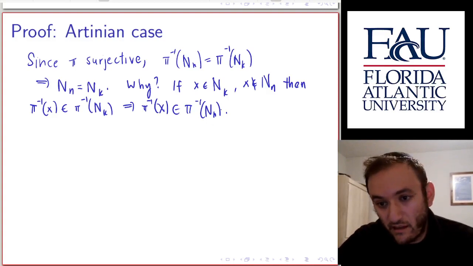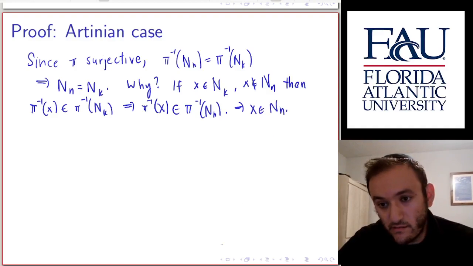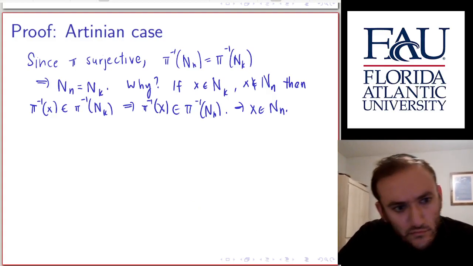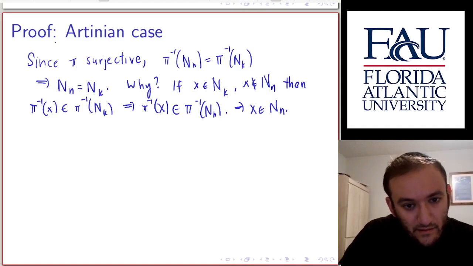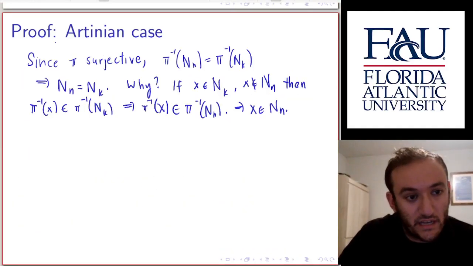But that would mean that x itself would have to be in n_n, because the preimage of x will map uniquely to x. Okay, so that completes the proof that if M is Artinian, M prime and M double prime are Artinian.